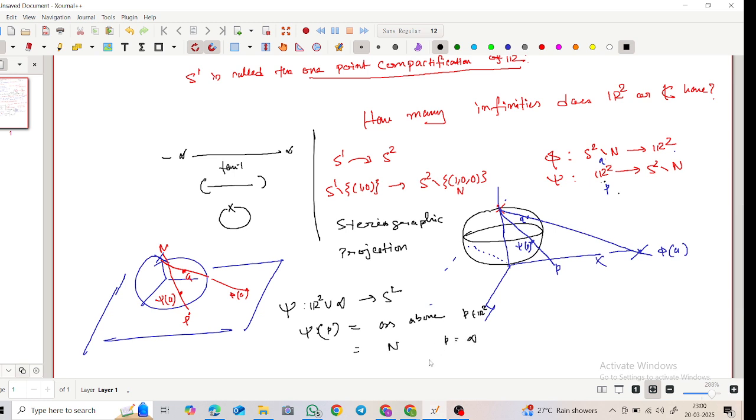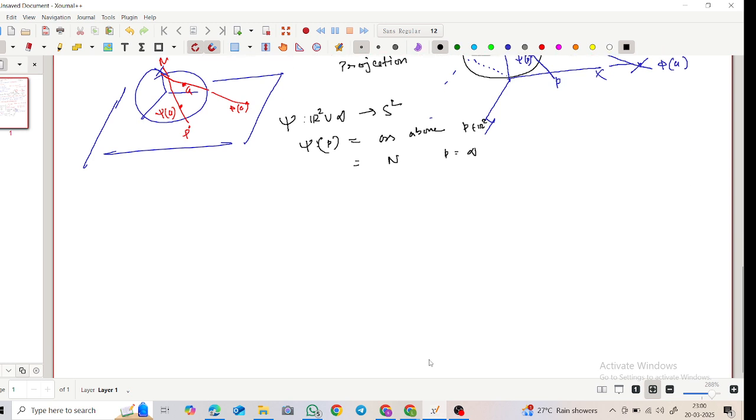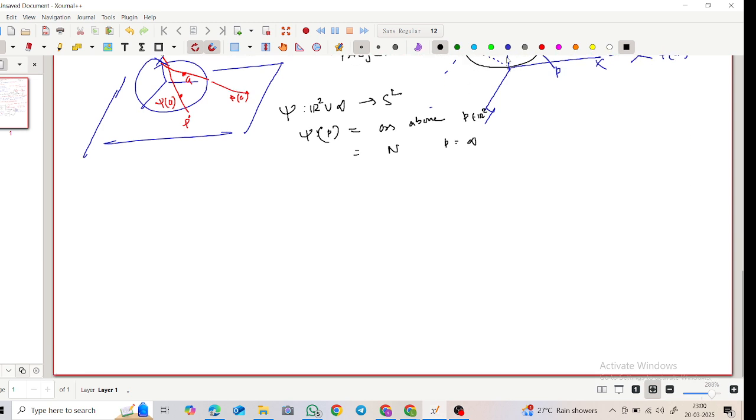So this is again a homeomorphism, and by the very same logic, R2 has only one infinity, C has only one infinity. And in this case, you will be able to show every Rn has only one infinity.